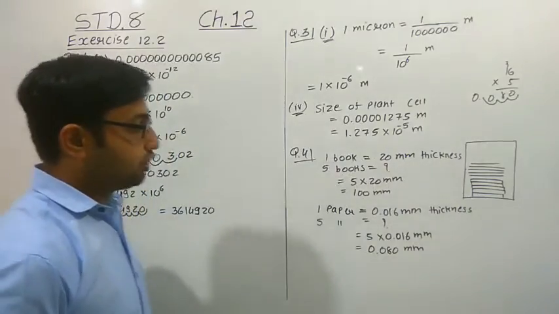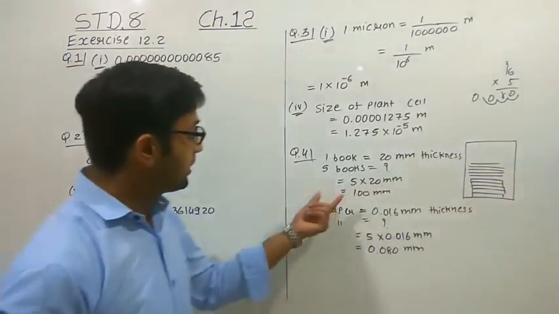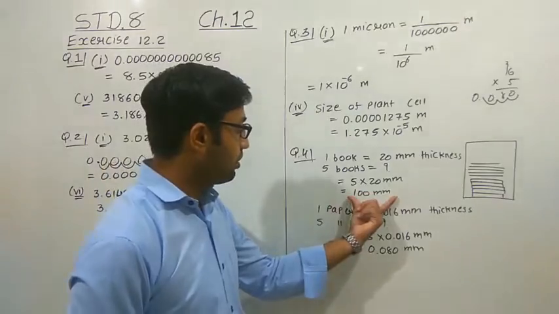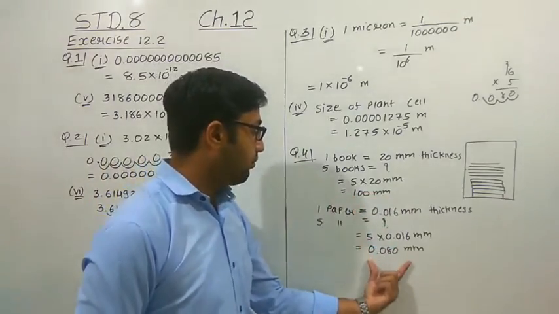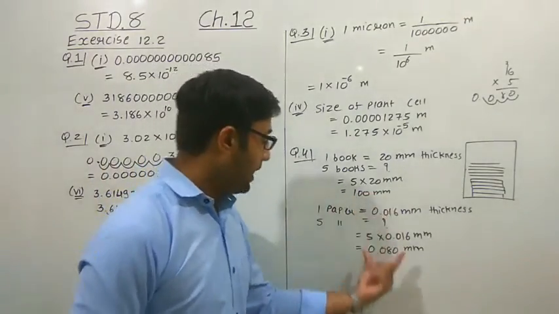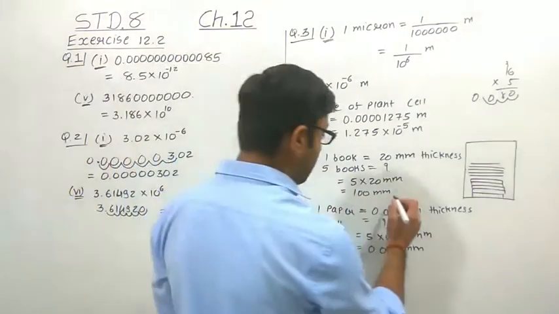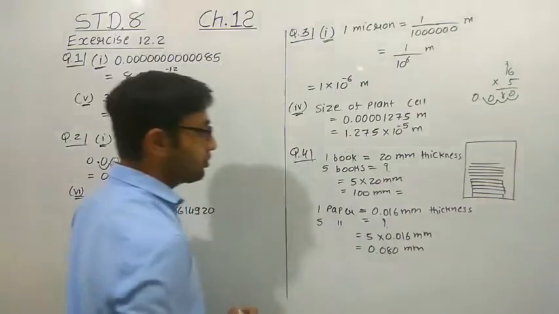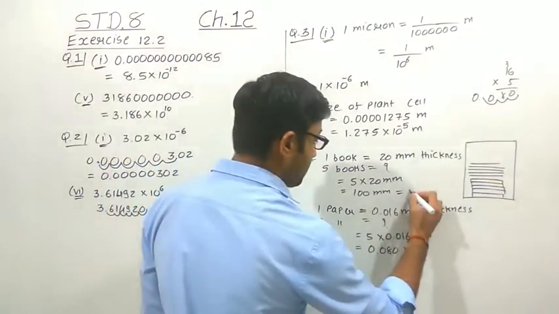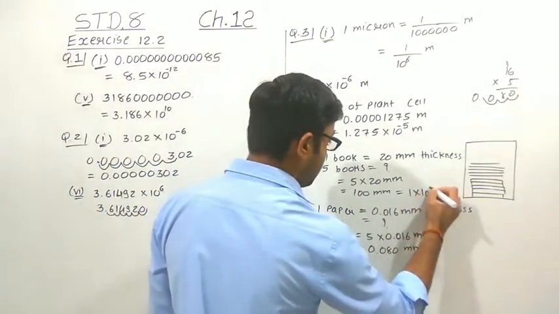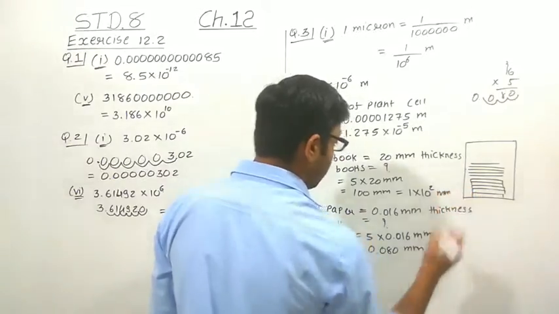Now we have to find out the total thickness. Total thickness means thickness of the 5 books plus thickness of the 5 papers. So we have to add both these numbers. See, this number, if we want to convert it into the standard form, we can write it as 1 into 10 raised to power 2 millimeter.